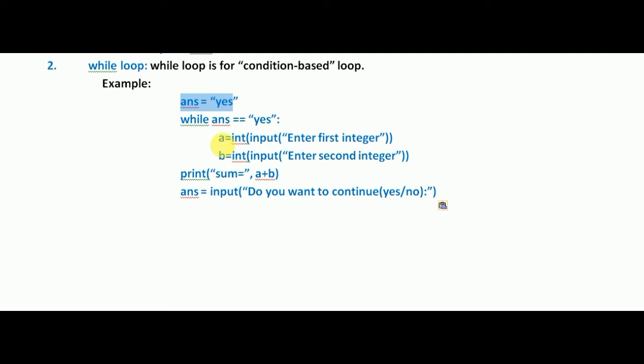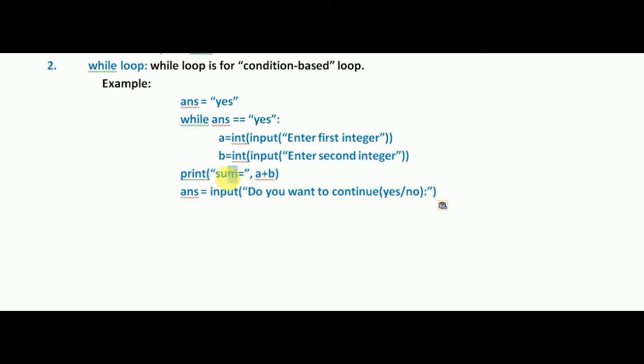Now we take the values from the user side. So a equals int of input of enter first integer, and b equals int of input of enter second integer. Now we print the value: print sum equals a plus b.